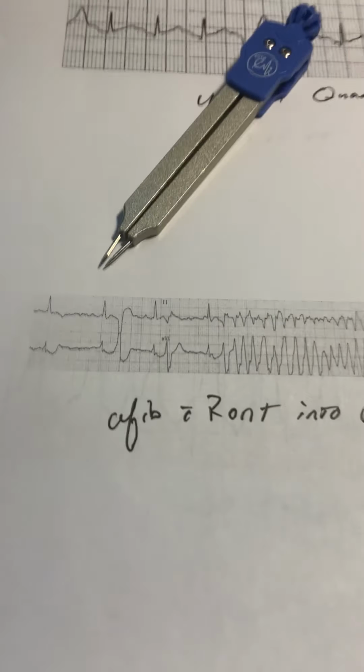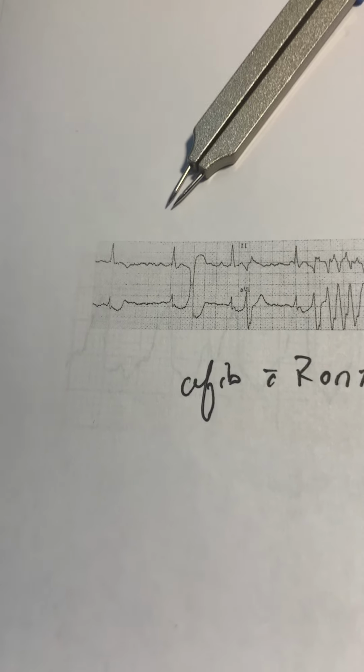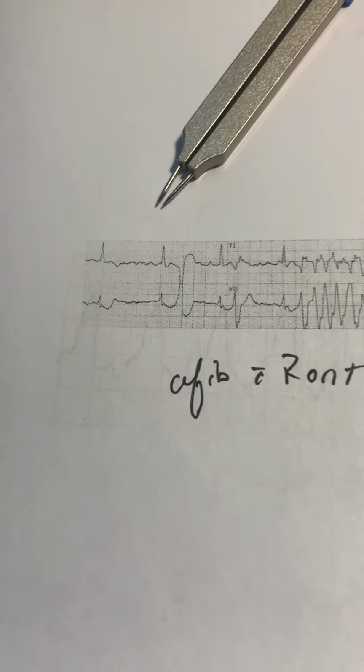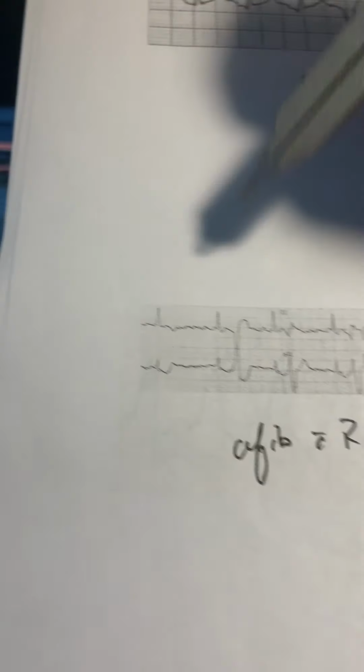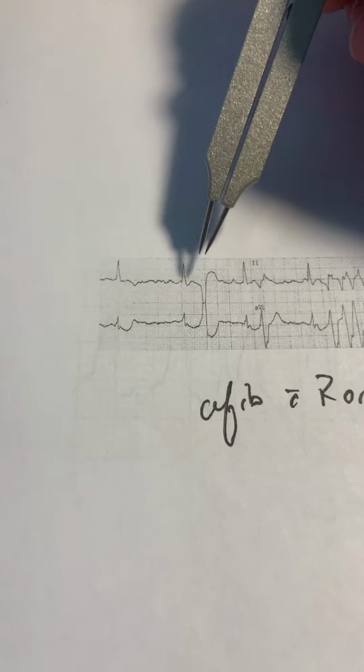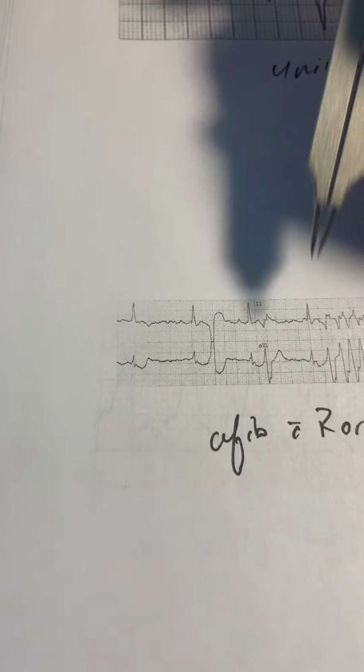When this happens, usually it's because of an electrolyte imbalance, and this is caused, well, you can say it's caused by the electrolyte imbalance, I suppose, but what it's really caused by is the PVCs that come from the electrolyte imbalance.